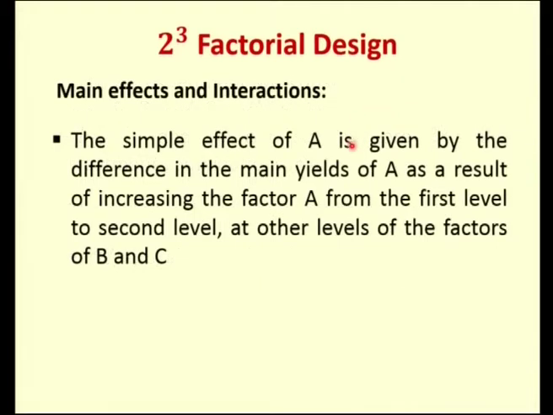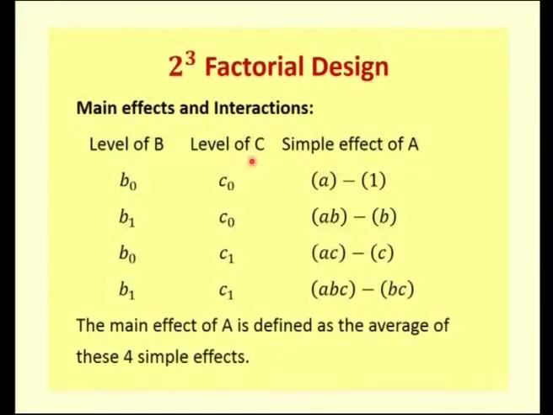And here the main effect and interaction effects are calculated in the following manner. The simple effect of A is given by the difference in the mean yields of A as a result of increasing the factor A from the first level to the second level, at the different levels of the factors B and C. Simple effects of A are also listed, and the main effect of A is defined as the average of these 4 simple effects.